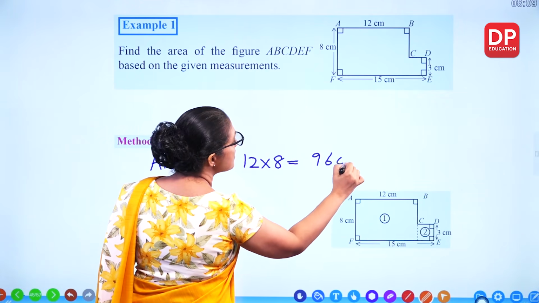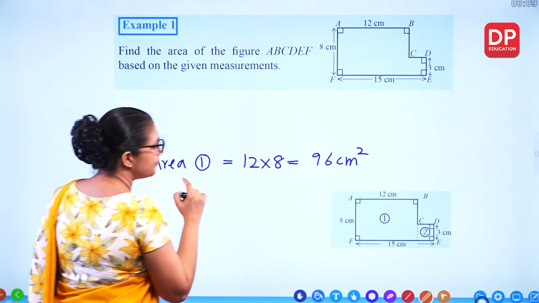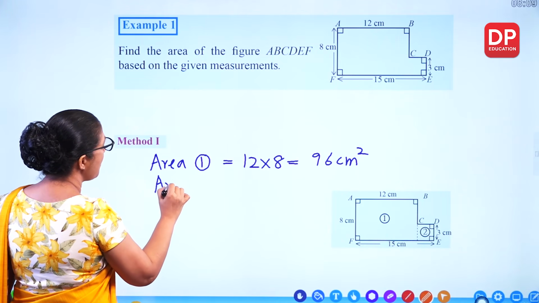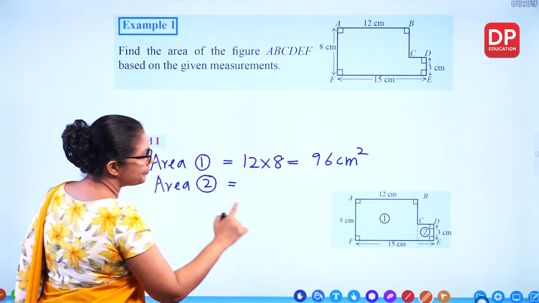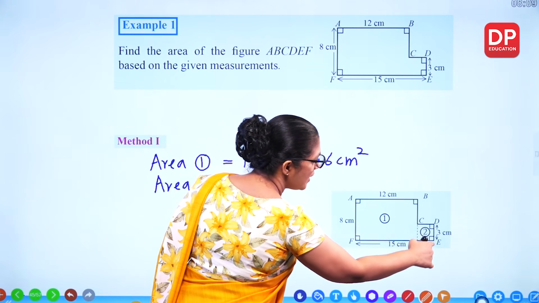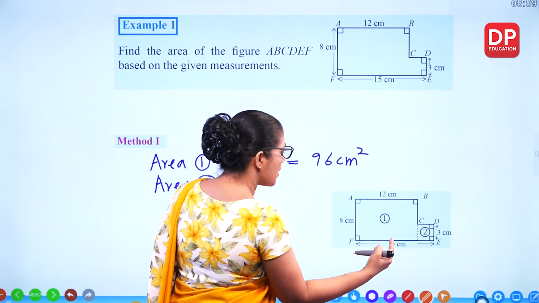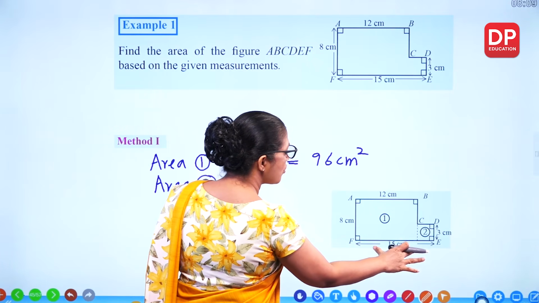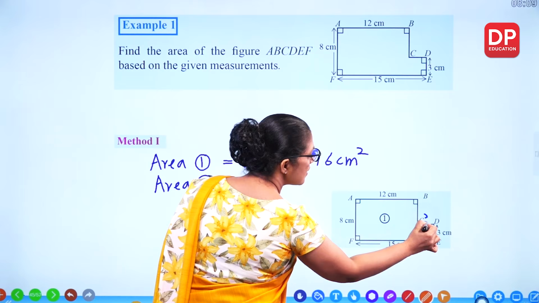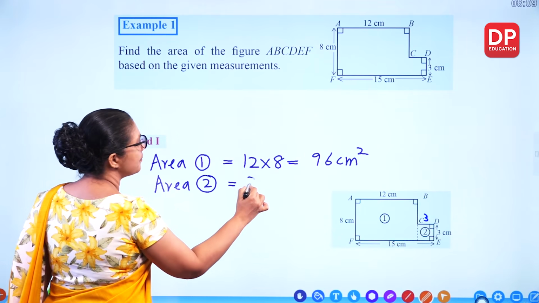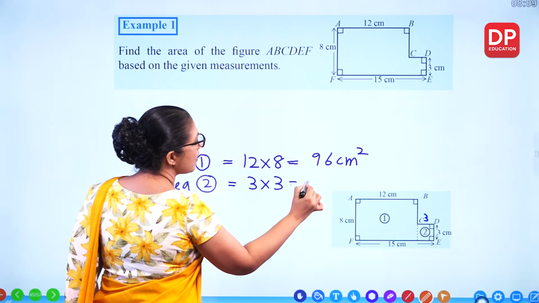96 square centimeters. What's the area of the second part? This one, 3 here. What's the other part? 15 altogether. When you subtract 12, this becomes 3. 3 and 3, that's 9.